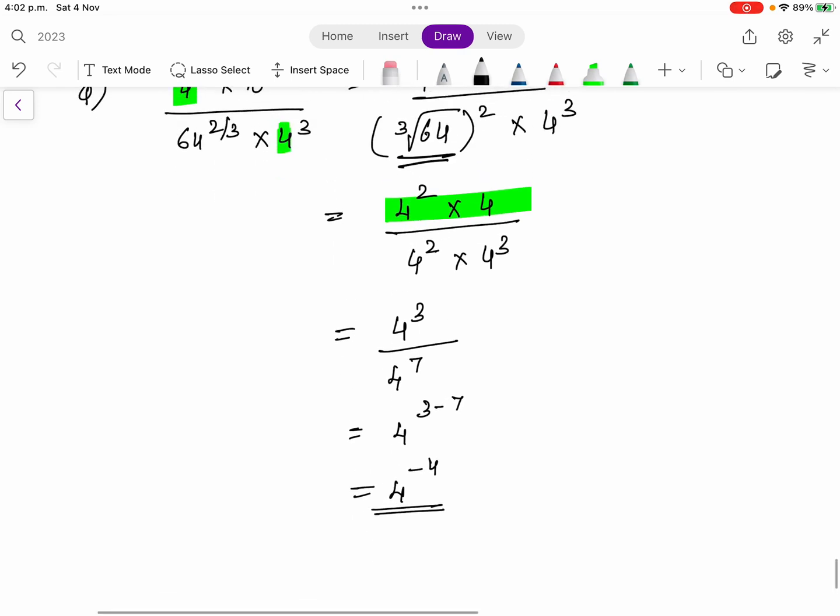Oh, I'm sorry, I don't know why I'm making mistakes today. So it is not 4 to the power of 7, it is 4 to the power of 5. So here it will be 3 minus 5, which is equal to minus 2, 4 to the power of minus 2.